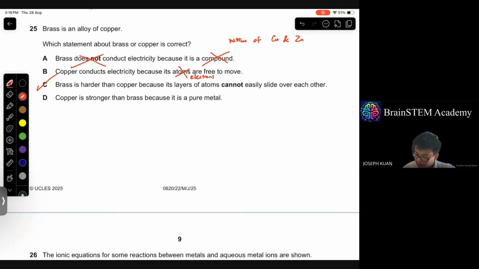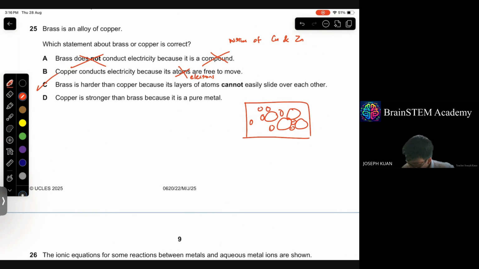That's correct. That is why alloys are commonly used in production and in the construction industries, because they are stronger and harder, as the layers of particles cannot slide past each other, as you can see from the diagram here. So copper is not stronger than brass, because metals in their pure state are malleable and ductile.